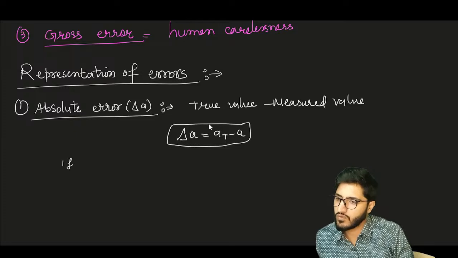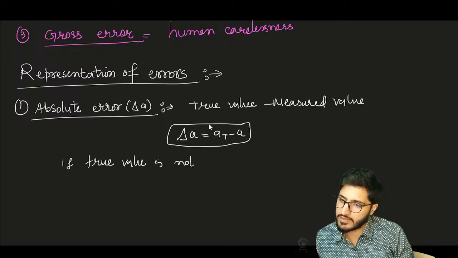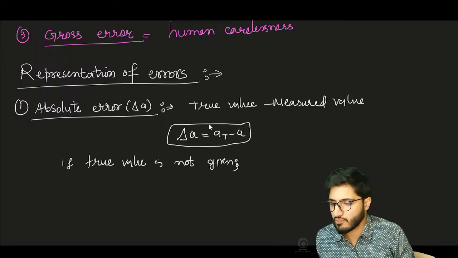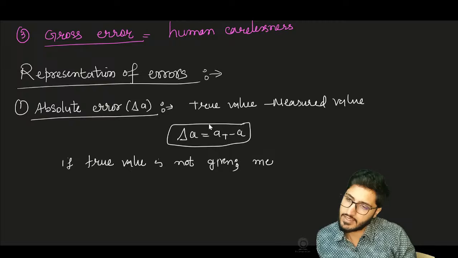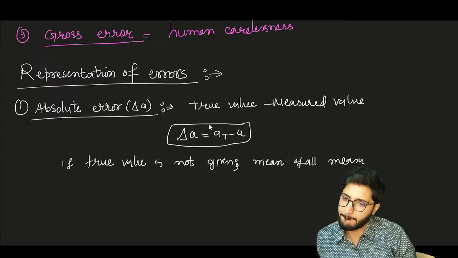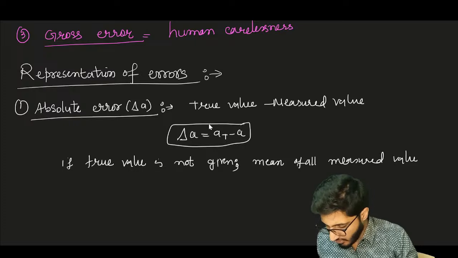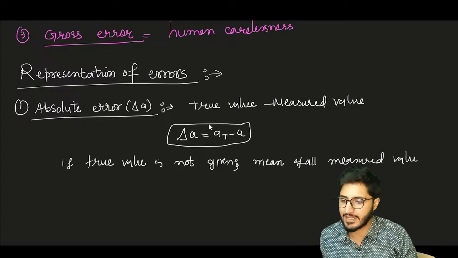If true value is not given, then how can we find the true value? I can take the mean of all the measured values.